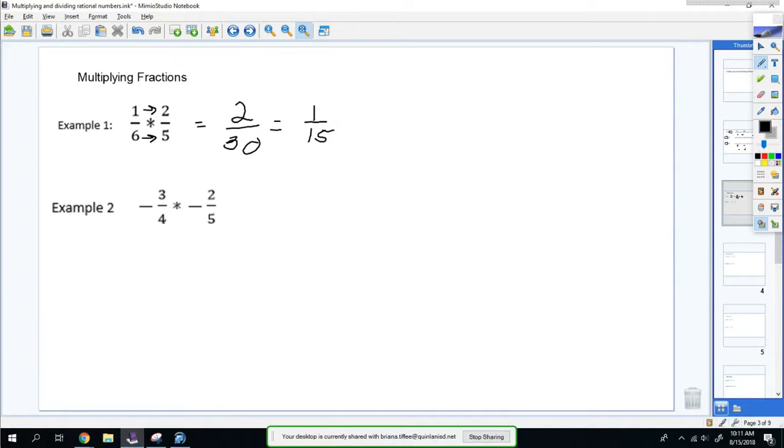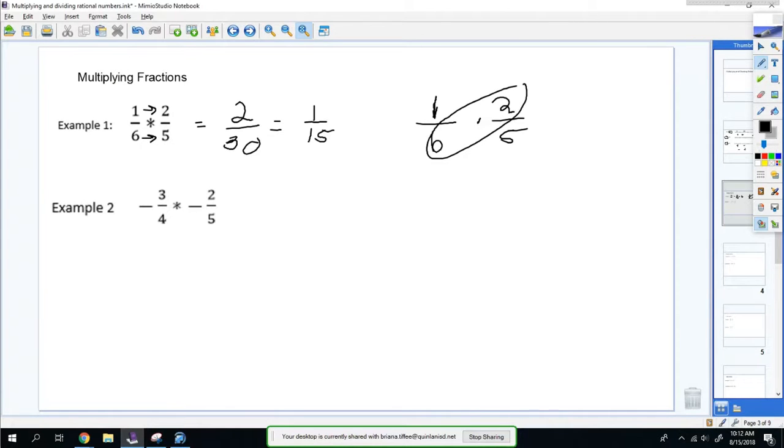If you want to reduce before you multiply, you can. I like doing that because it actually makes the multiplication easier. So again, we have the same problem, 1/6 times 2/5. 1 and 5 can't be reduced, but 2 and 6 can.